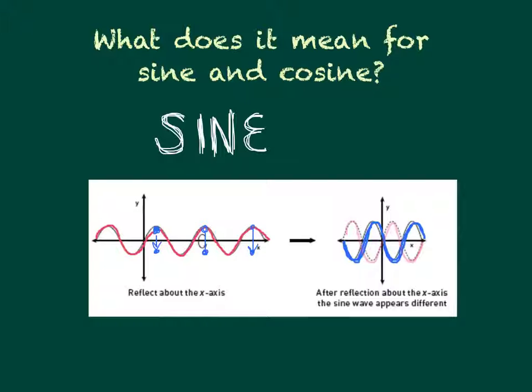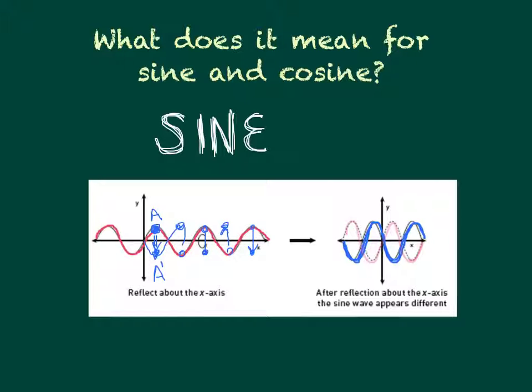And then all points that are below the x-axis have to go above the same distance that they were below. So just to track one point, if we look at point A as this maximum, this point comes down to become A prime below the x-axis as a minimum.